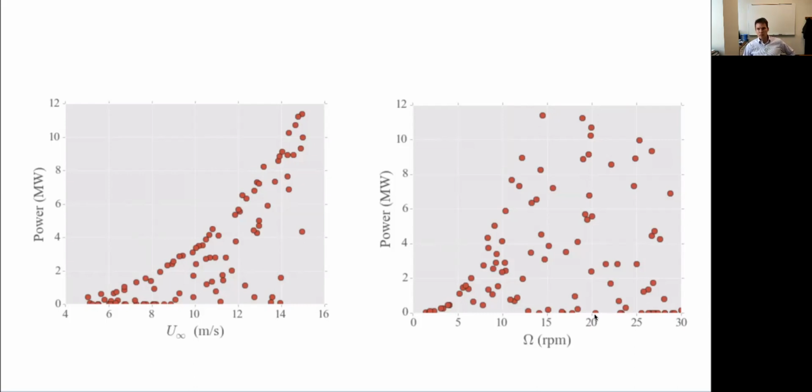And it appears that there's not some very clear relationship, although we do see that there's a limit. So at least I could perhaps predict what the maximum power that you might produce is for a given speed. But beyond that, it seems really hard to discern any sort of relationship.